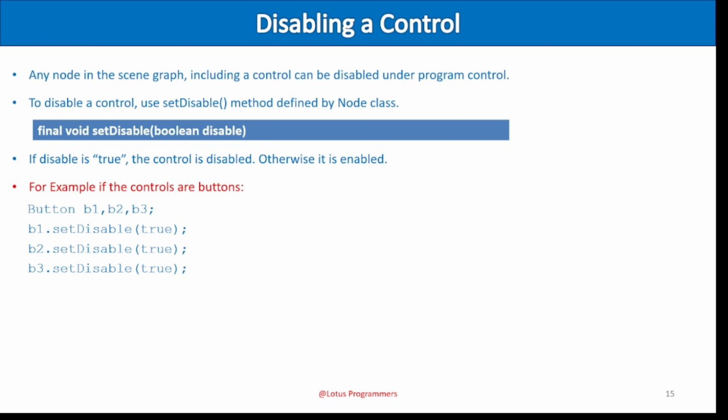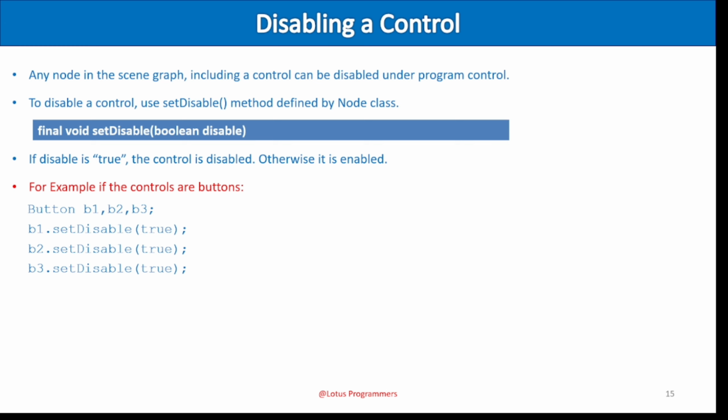When we call the same method on button B3, the control is automatically disabled. So in order to disable a control on a graphical interface, we call the setDisable method, sending true as the argument to the method.